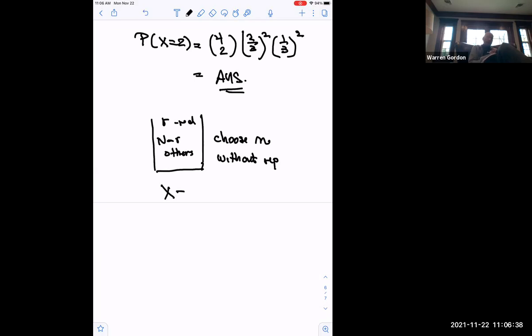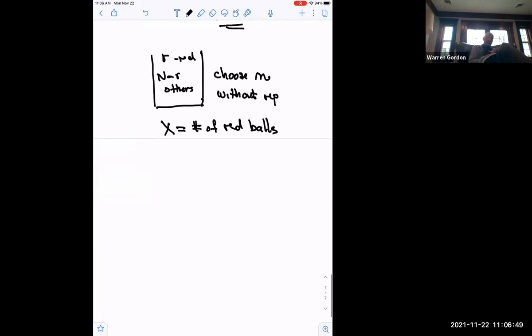Let x equal the number of red balls. So what's the probability that x equals i?